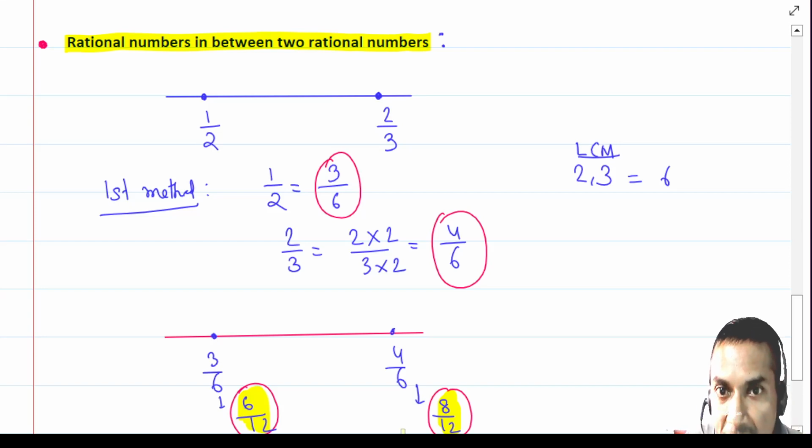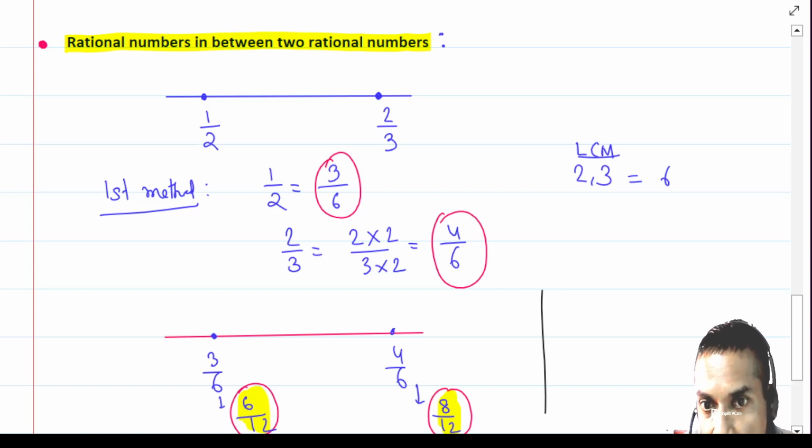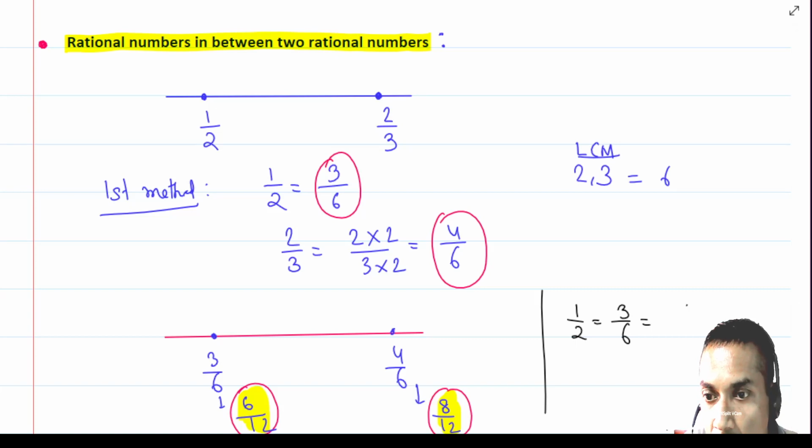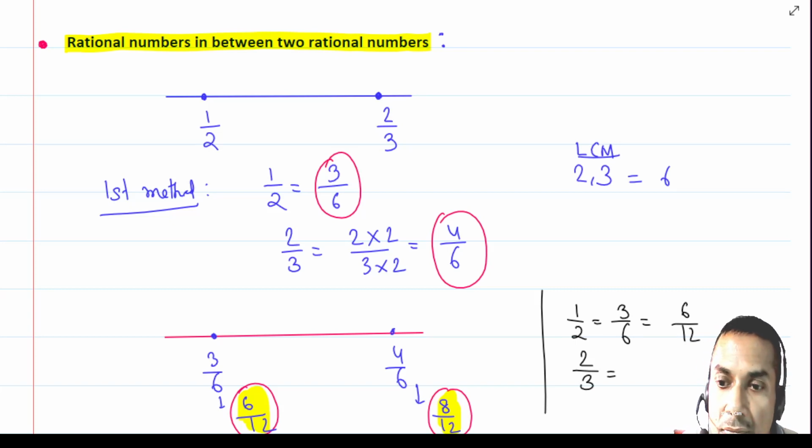So the method is like this: 1 by 2 is equal to 3 by 6, which is equal to 6 by 12, and 2 by 3 is equal to 4 by 6, which is 8 by 12. Now it is very easy to identify the number between 6 and 8.